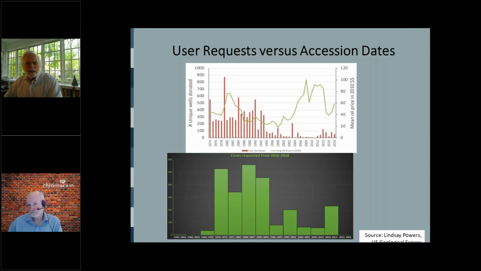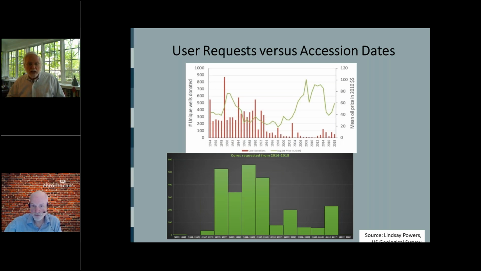The green line is the cost of oil per barrel, and you see that those years when the cost of oil dropped, oil companies got rid of their cores because they didn't want to pay for it, and when the cost of oil is high, they kept them. The bottom histogram shows the distribution of the ages of collections, the age of cores, or the accession date of cores, over a 2-year period.